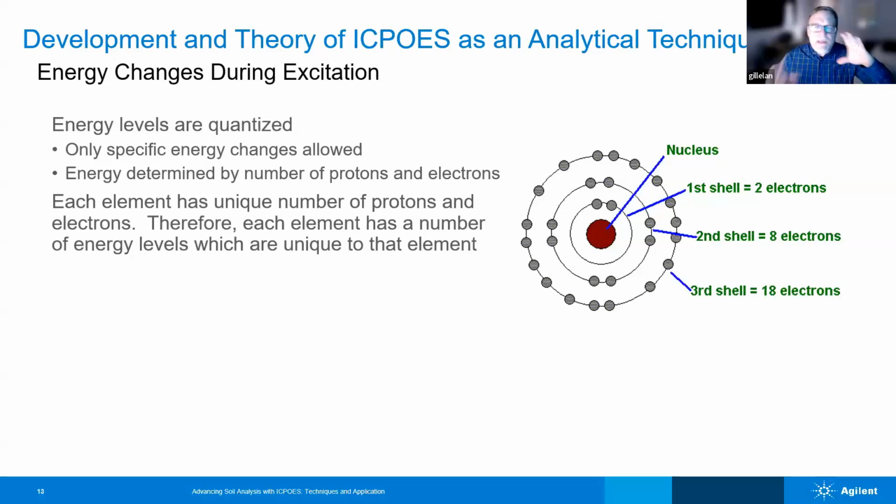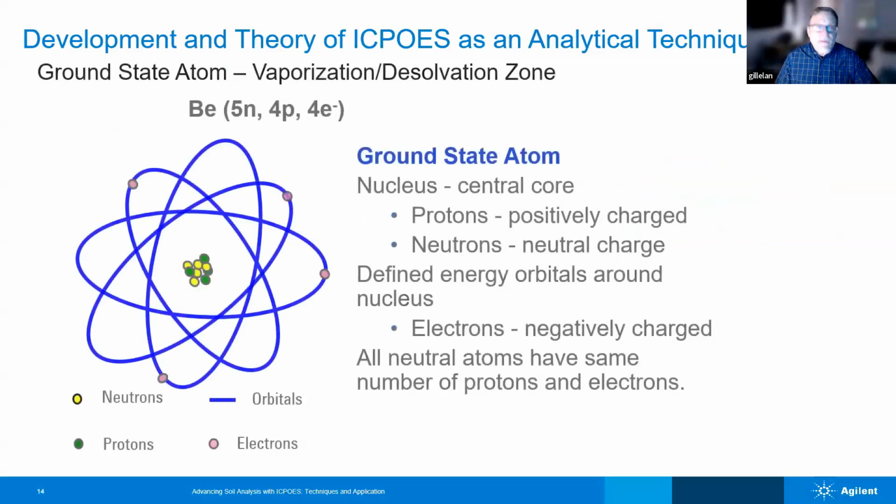In the pretend concentric electron shells or orbitals, the energy is quantized. There are only certain energy levels where the electrons exist, so the energy is determined by where the electron exists.